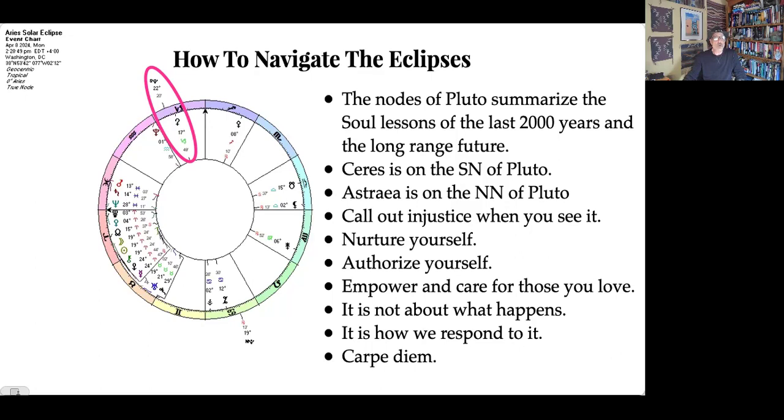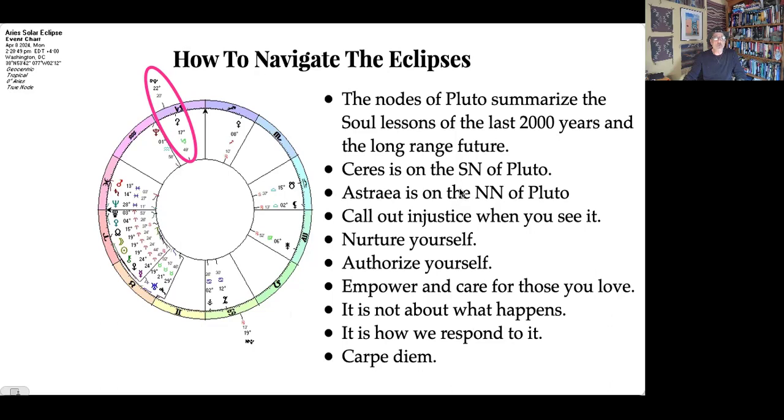So this is a very long range telescope, if you would, back into the past and ahead into the future, in terms of what the karmic lessons are collectively through Pluto in this case.